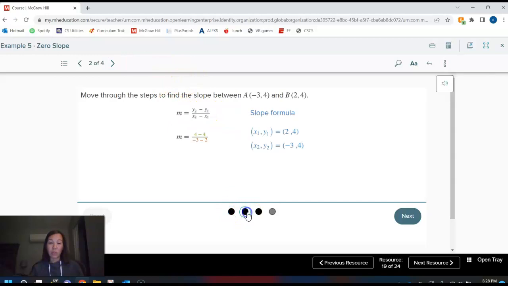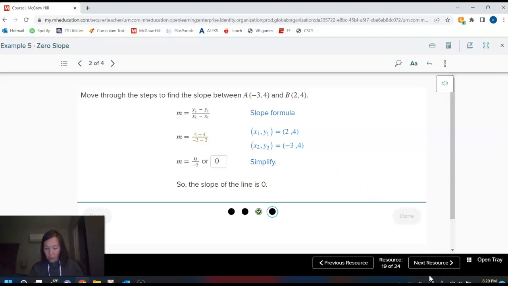If I use the formula for this, y2 minus y1 over x2 minus x1, so 4 minus 4 over this minus this, right here. Then you end up with 0 over -5, which 0 divided by anything is just 0. So the slope of the line is just 0.